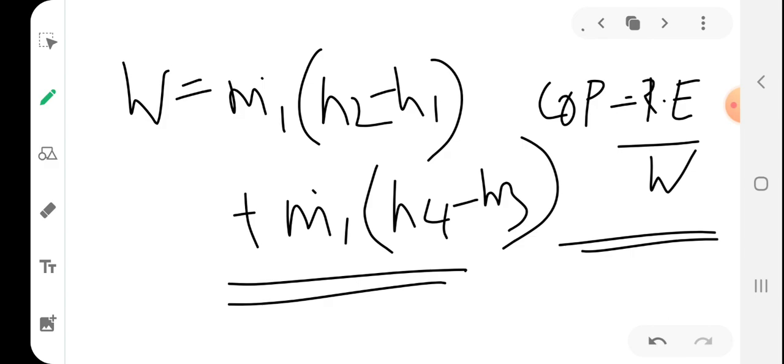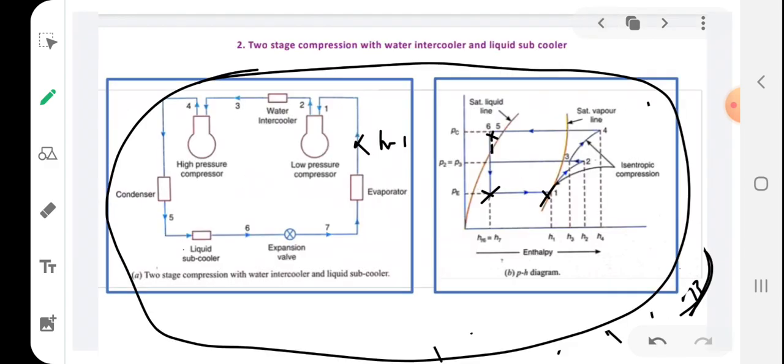This water intercooler and liquid subcooler is using external air. Maybe here also some water. I mean, this liquid can be any other liquid other than this refrigerant. In a water intercooler here, water is the external agent. So there is no mixing of the streams. They are not getting directly in contact with the refrigerant.